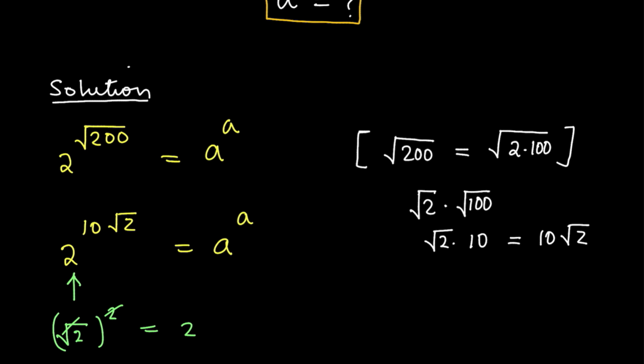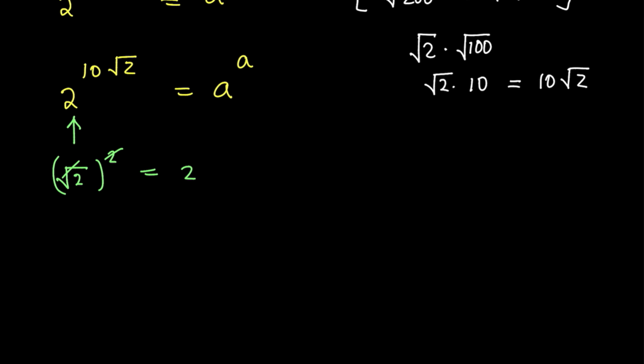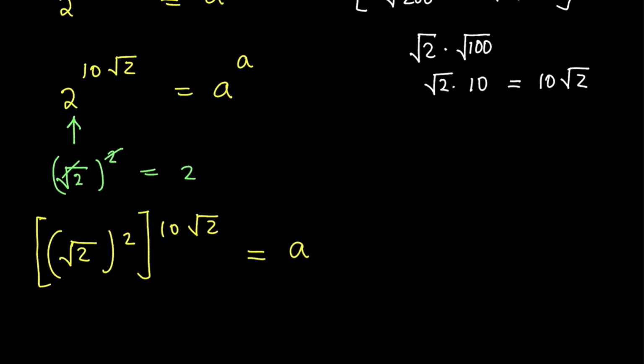So I'm going to replace 2 with square root of 2 raised to power 2, and we originally have 10 root 2 at the power, equal to a raised to power a.